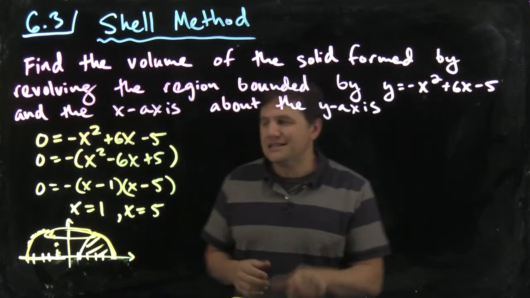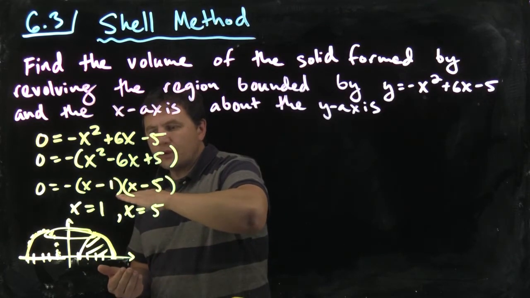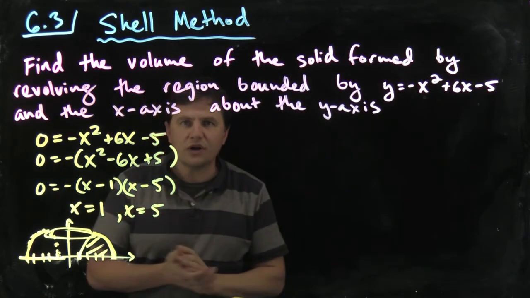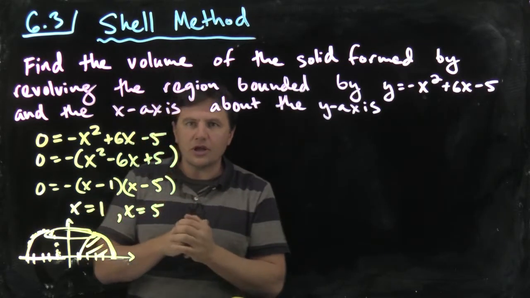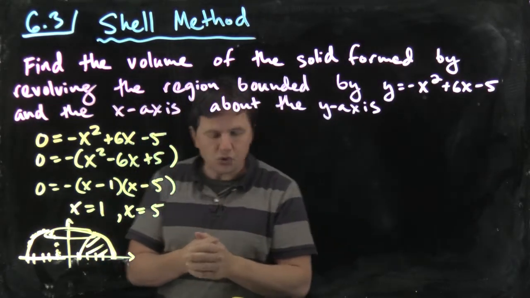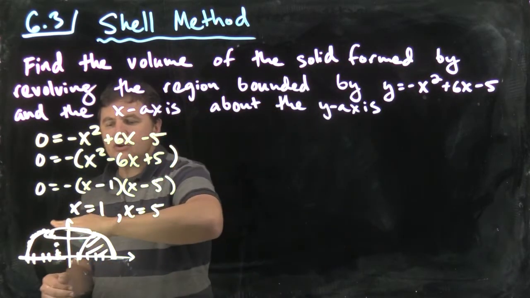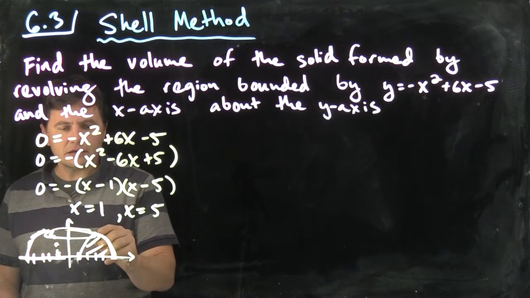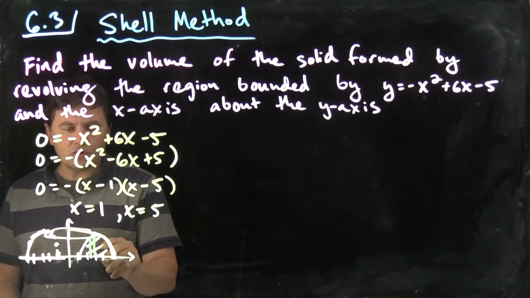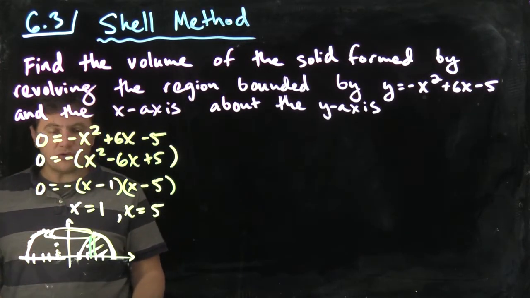Now, when we do a disc or washer method, we're always going to cut perpendicular to whatever the axis of rotation is. So if we were going to do it that way, we'd have to write as a function of y. What the shell method allows me to do, instead of cutting this into discs and washers, is cut this perpendicular to the x-axis, which will allow me to keep it in terms of x.